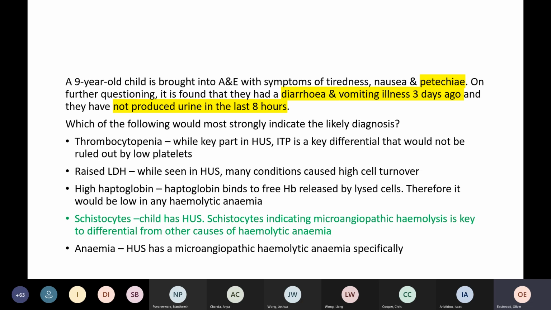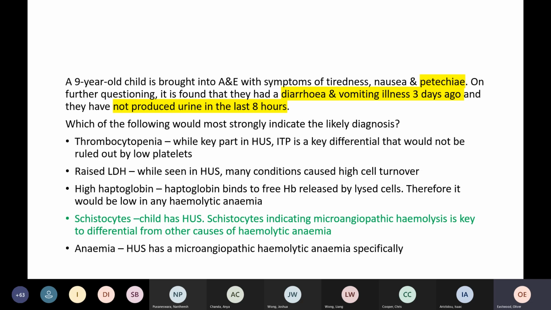And in this, you get a few things. You get renal dysfunction, you get thrombocytopenia, and you get microangiopathic hemolytic anemia. So the most specific of these to hemolytic uremic syndrome is the microangiopathic hemolytic anemia.